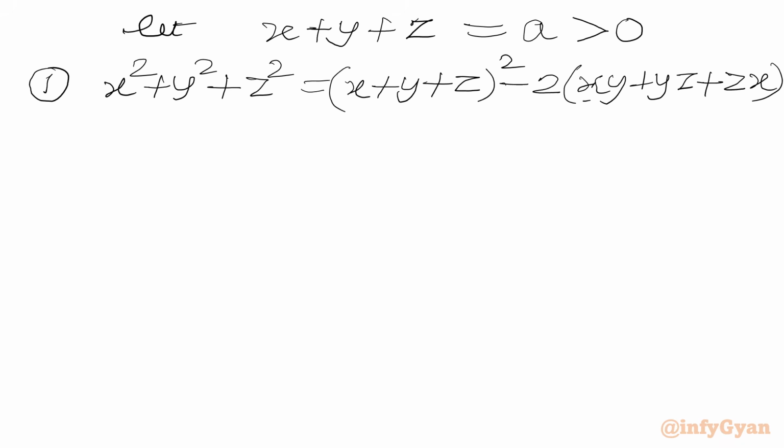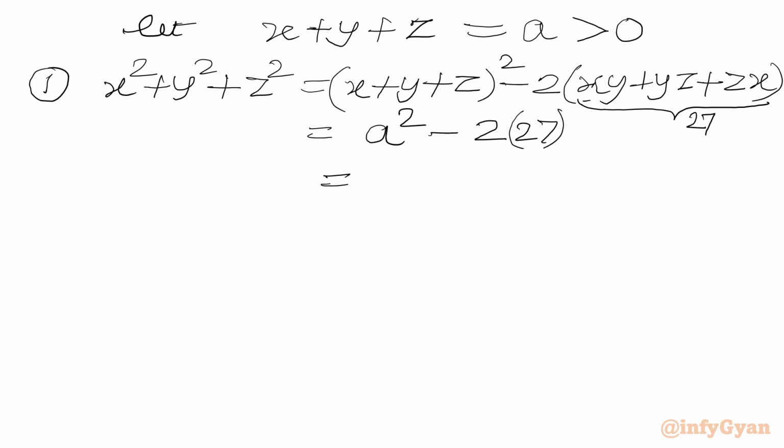Now we have x plus y plus z equal to a. So I can write here a square minus 2 times, and this is our equation number 3, the value is 27. So I can write 2 times 27. So in total I can write a square minus 54. This is the value of x square plus y square plus z square.